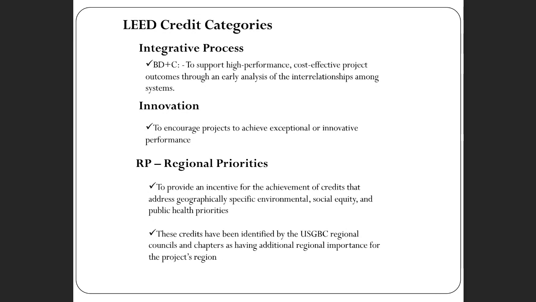The LEED rating system also has regional priorities, so the LEED folks in each region get to set things that address specific environmental or social issues in the area. So again, for the Chicagoland area, we'll have specific regional priorities. We'll see what that looks like here in a couple of weeks.